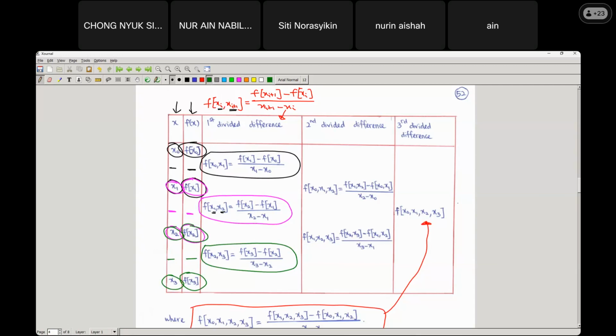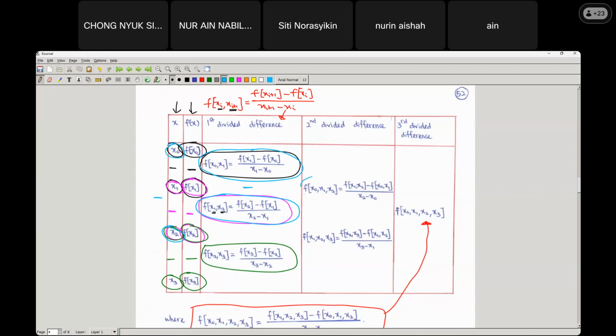Now to calculate the second divided difference, what you have to do, first we have to take this value. We want to calculate f[x0, x1, x2], right? So you have to take this value minus this value, divide by this value minus x0.